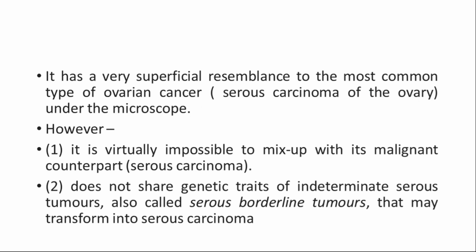It has a very superficial resemblance to the most common type of ovarian cancer, its counterpart, serous carcinoma of the ovary. They both superficially look the same under a microscope, but it doesn't have the characteristic malignant features. So what are the characteristic malignant features?